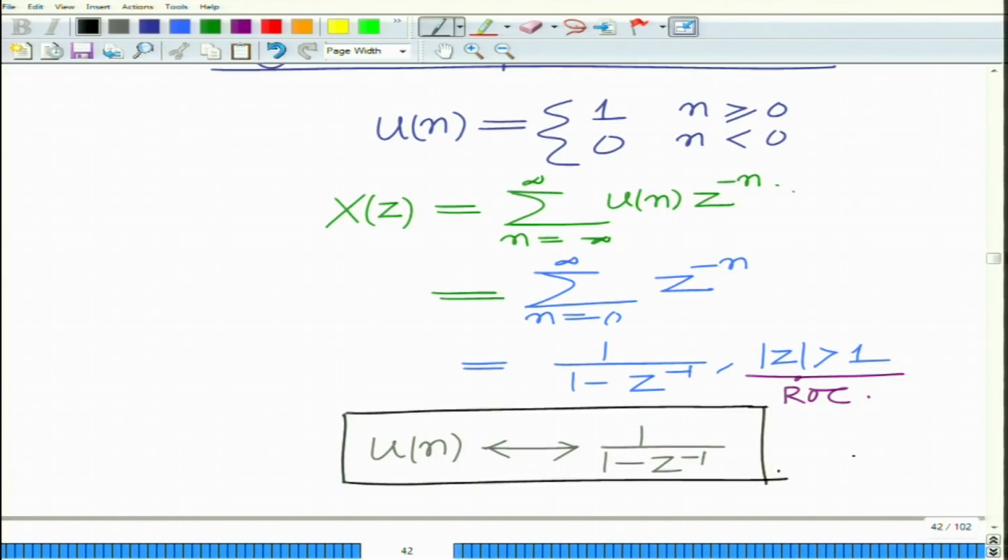All right. And remember the ROC, one has to also specify the ROC. ROC is magnitude of z greater than 1.